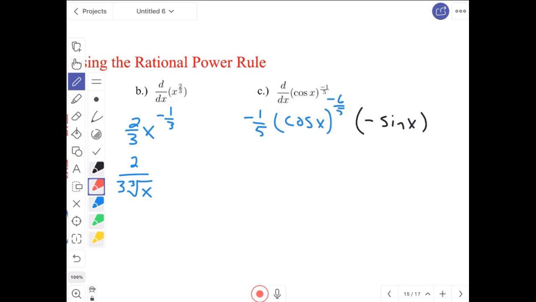Okay, so then again, if we simplified this, the negative 1 and the negative sign would go on top. So that's going to be sine of x over 5. And then I would probably just leave this as cosine of x to the 6/5.